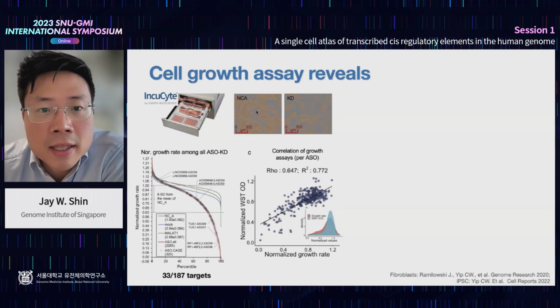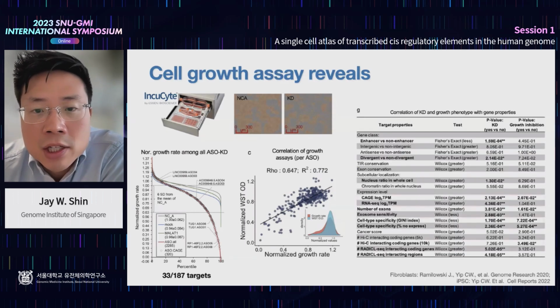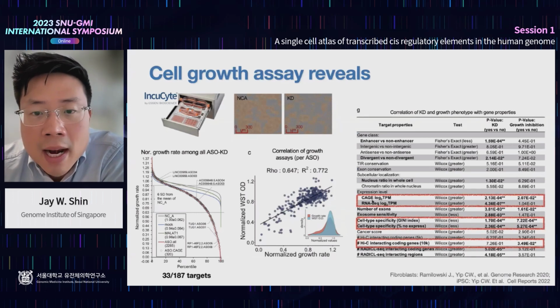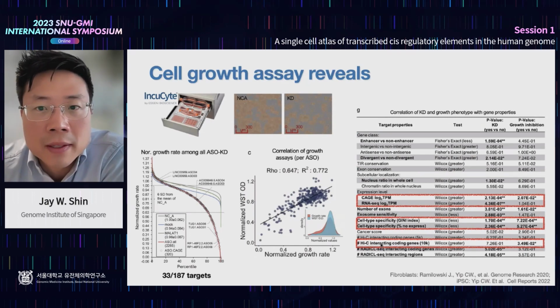So here in the cellular phenotype, we do identify a set of non-coding RNAs that are significantly important in the survival of cells, and that they do lead to significant suppression of cell growth. Interestingly, non-coding RNAs that are highly expressed, or cell type specific, or have high Hi-C interactions, tend more likely to lead to a cell growth phenotype than other properties.